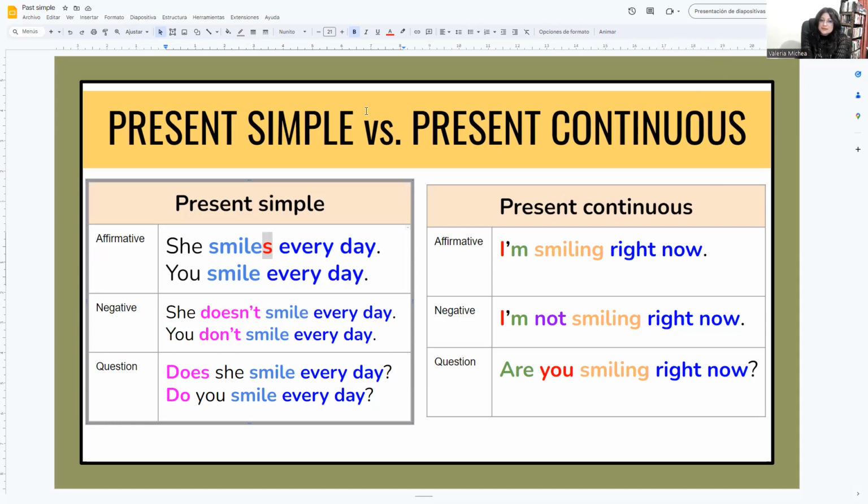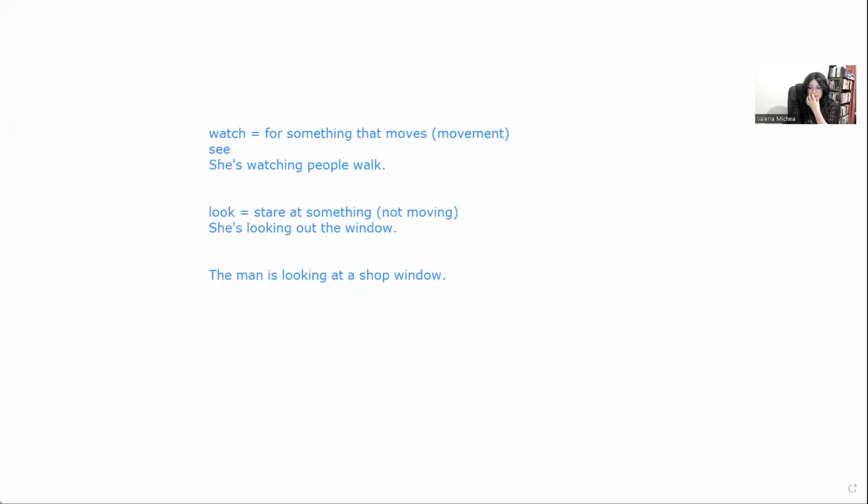Yeah, and there are exceptions, of course, Rodri. We always have exceptions. So let me welcome my exceptions section. So what are the exceptions? Modal verbs. What are modal verbs? Don't worry, I'm gonna tell you. Verbs like can, may, might, should, could, would, etc. All of these verbs are the exception to the rule of the present simple.